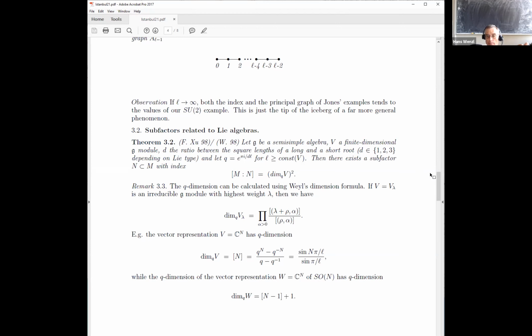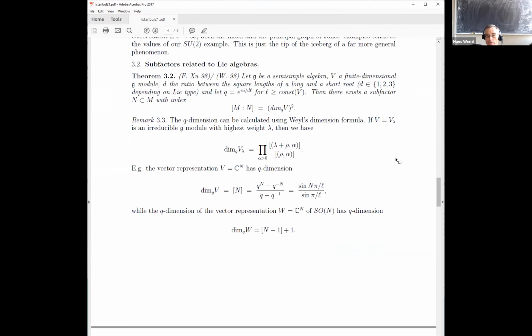And the q-dimension can be calculated using Weyl's dimension formula. Actually, this already appeared in Weyl's proof of the dimension formula. These q-numbers already essentially appeared there.